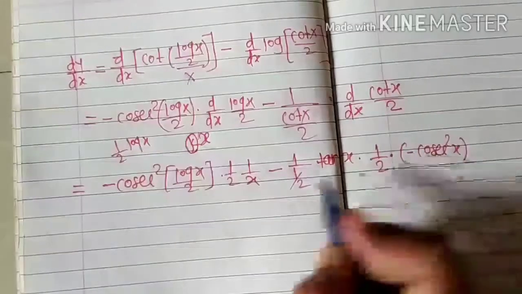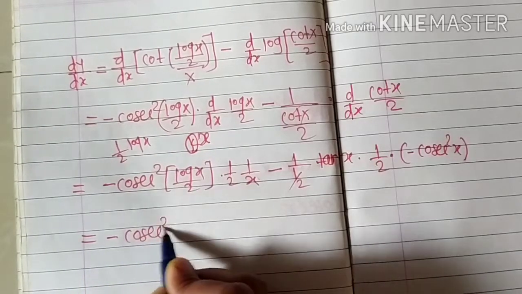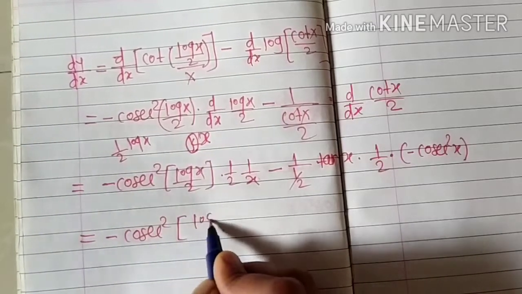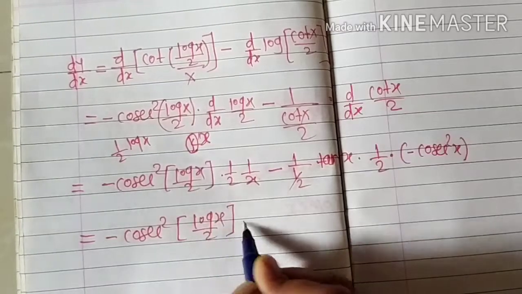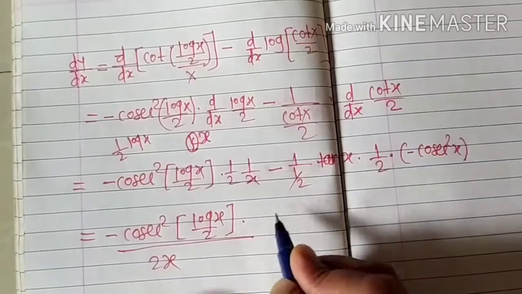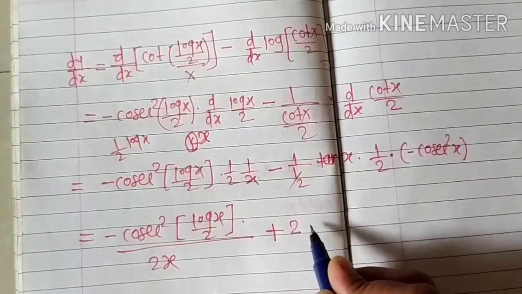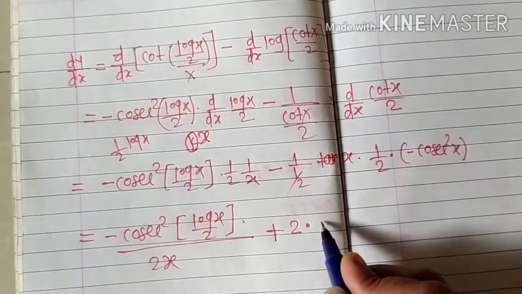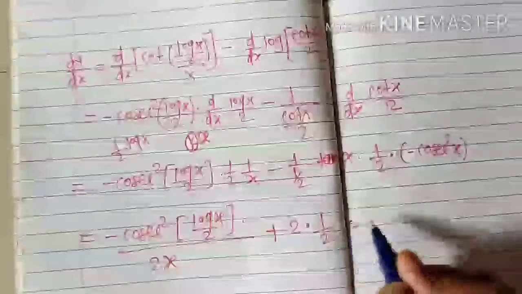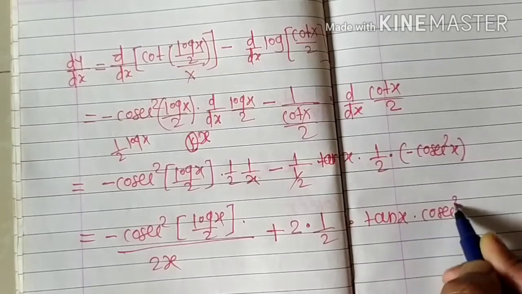Okay, then this minus and this minus make plus, so minus cos x square of log x divided by 2, into this 1 upon 2x, then it is divided by 2x. This minus and this minus make plus, 1 upon 1/2, that is 2, into this 1/2 is multiplicative, into this tan x, into this cos x square of x.